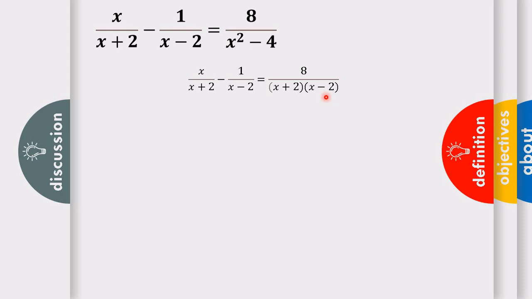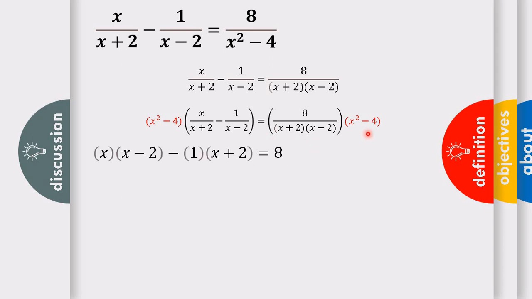Like the previous example, the LCD is x plus 2 multiplied to x minus 2. Then multiply to the rational equation. So we have now x squared minus 4 multiplied to this expression is equal to this expression multiplied to x squared minus 4. Then simplify.